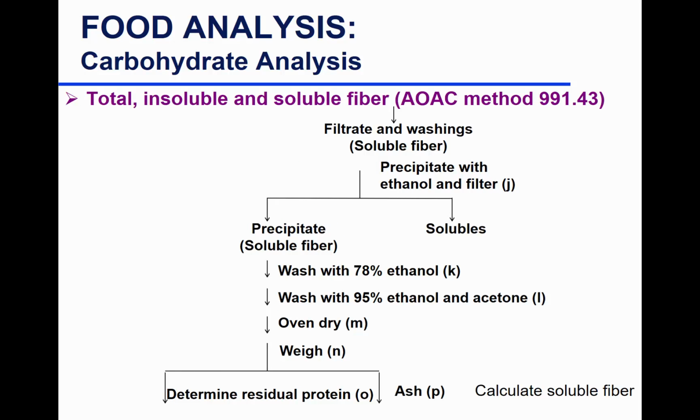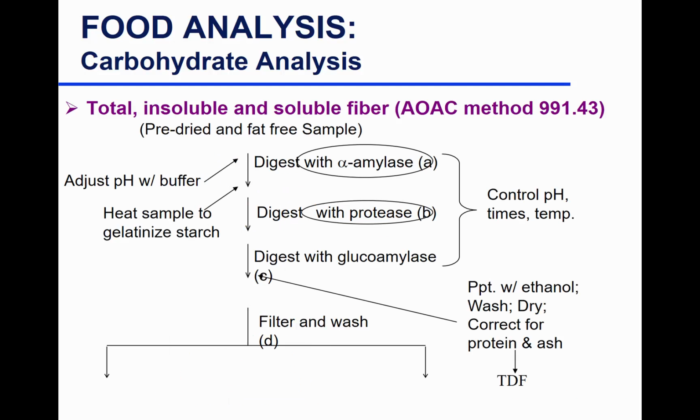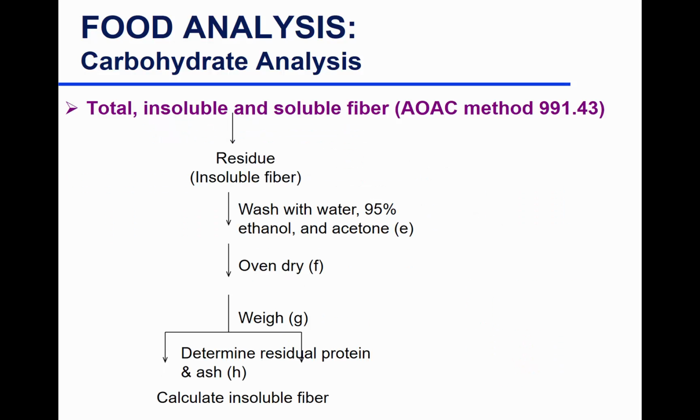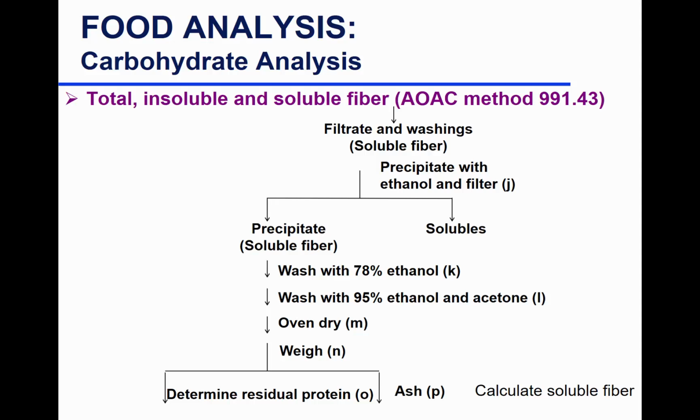For the soluble, if you remember the diagram, if I go back here, you have the residue and you have the soluble. So the residue, this is the path for the residue. This is the path for your filtrate, the soluble matter. In it, you have your amino acids that were broken off, you have your sugars, and you have your pectin and hydrocolloids. So you want to get your pectin and hydrocolloids and gums from here.